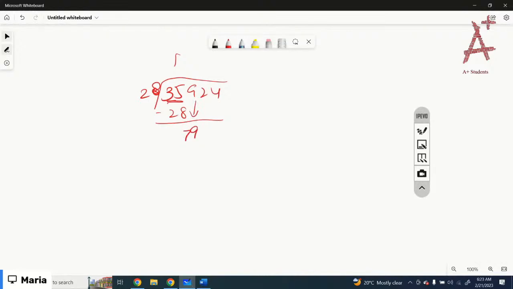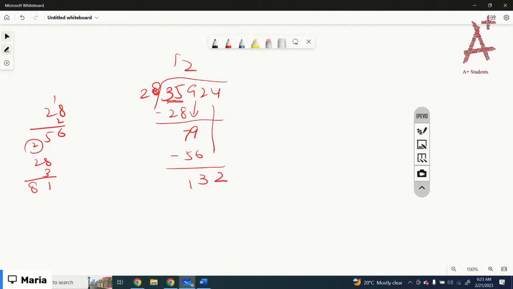Bring the next digit down. Now I have to count 28 till 79. We can go for 28 times 2, which is 56. Let's see, 28 times 3 is 84, that's too big. So 28 times 2 is 56. So 9 take away 6 is 3, 7 take away 5 is 2. Bring the next digit down.